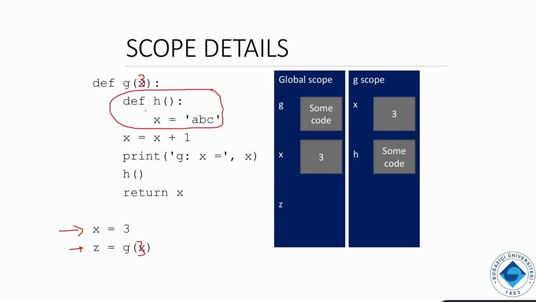It means once it's called, it will print some string like abc, and x will be 3 plus 1, it means 4, and then it will print g x equals 4, and it will call h here, it means print ABC, then return 4. So it will be 4, then z will be equal to 4.